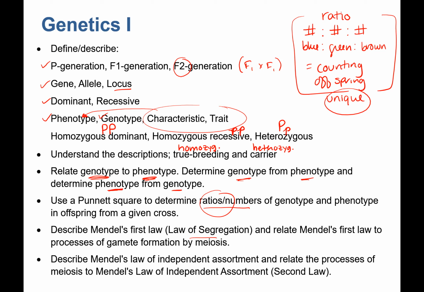We've talked about the law of segregation and how that means that each gamete has to get only one allele for each gene. We've talked about independent assortment, which means that any chromosome can go into any gamete as long as you have one of each.